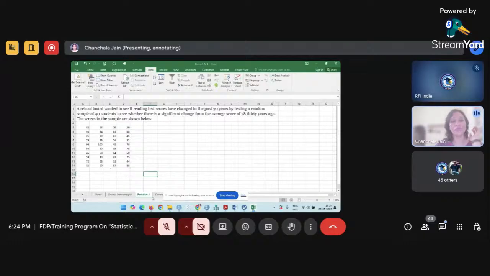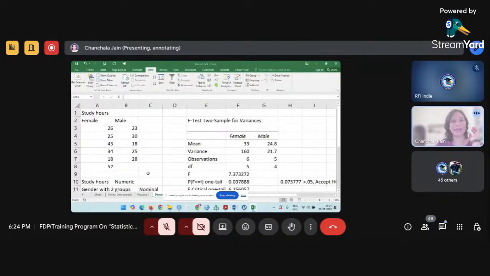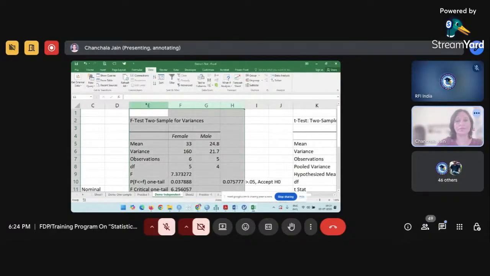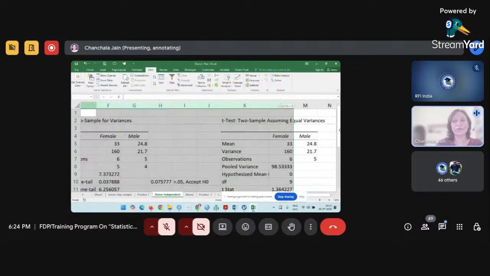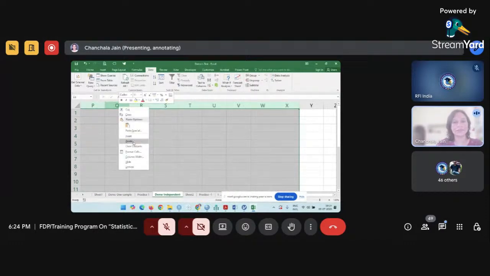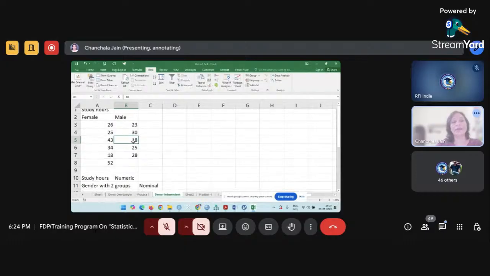Now I'll move to the next sheet, named two sample demo t-test. Demo independent. Then I need to delete my older calculations. Done, everyone?